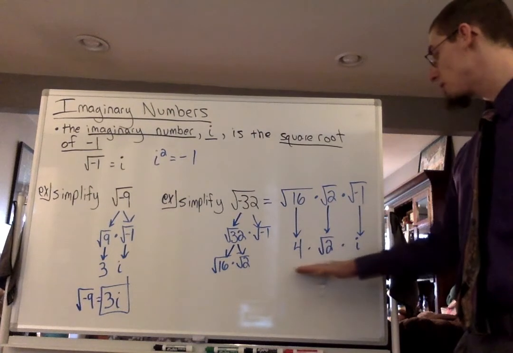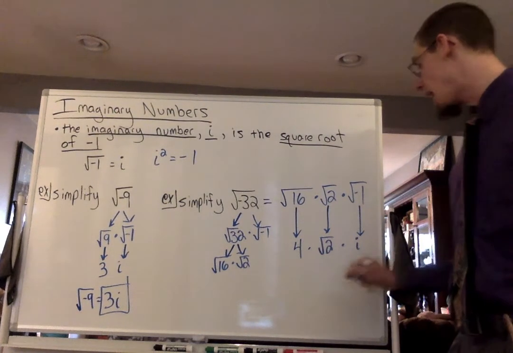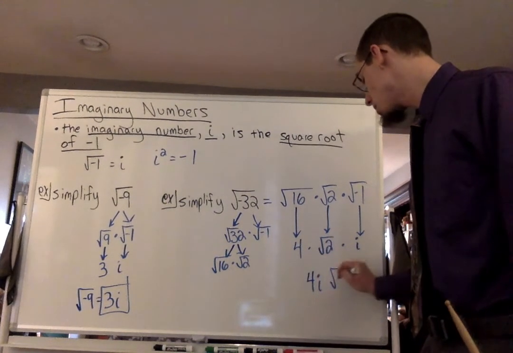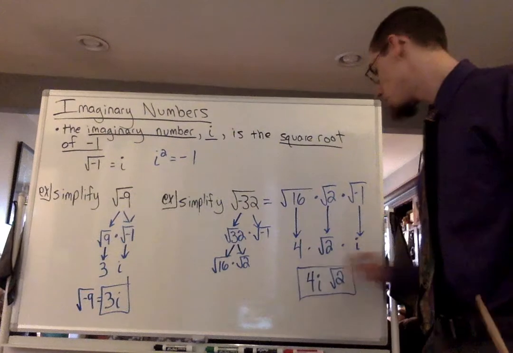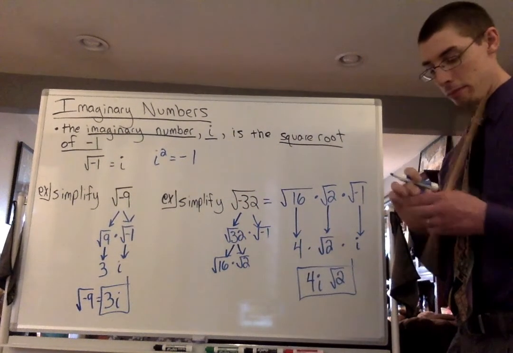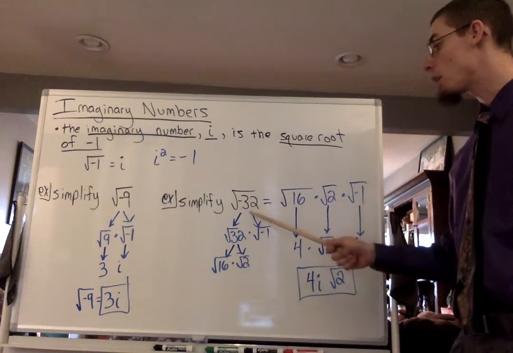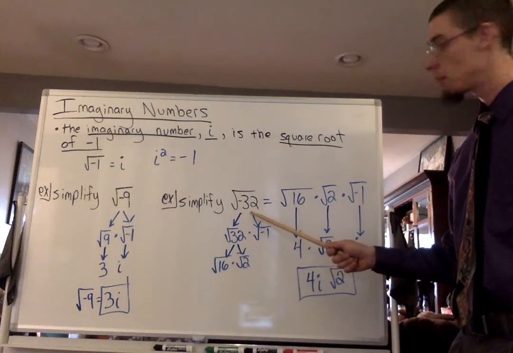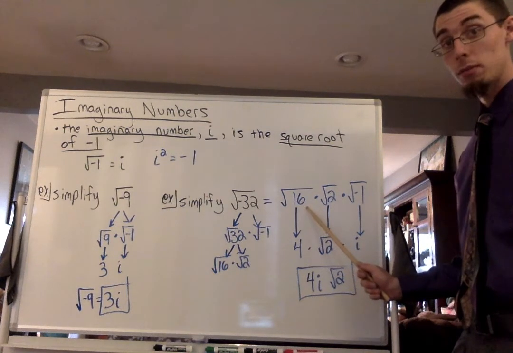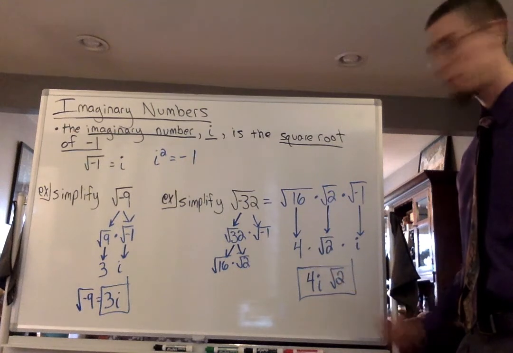All I have to do is combine this: I'll take the 4 and the i and put them together. So it's 4i square root 2. There's your answer. If you're simplifying a square root that's not a perfect square number, you have to break it up using a perfect square, so you can take the square root of that number.